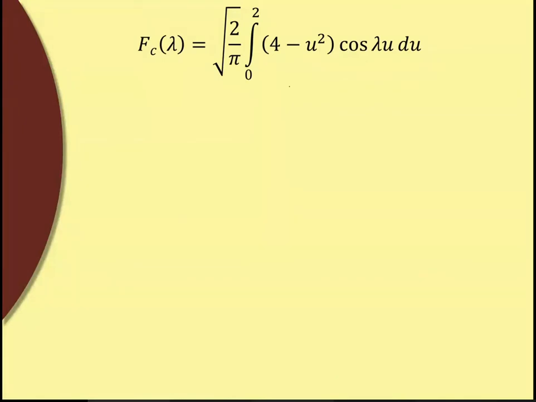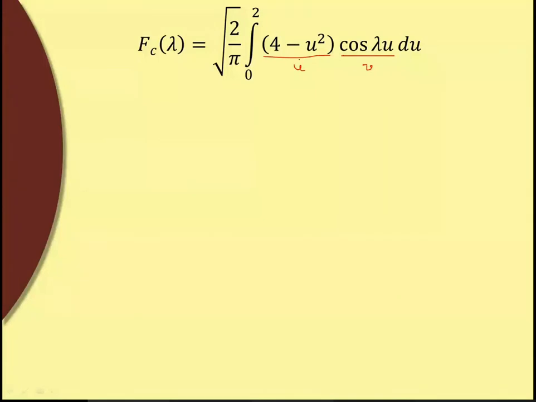Now, check the derivative of which term vanishes. The derivative of cos will not vanish, but the derivative of 4 - u² vanishes after 2 terms. So we choose this term as u, and the integration of cos is known to us, so we choose this as v, and then use the generalized rule.